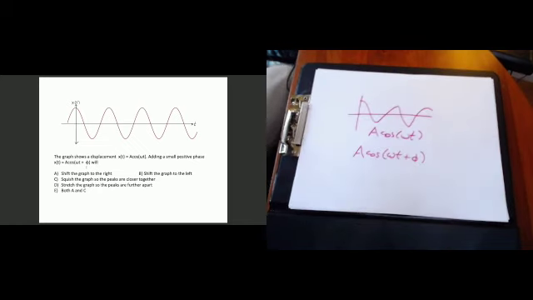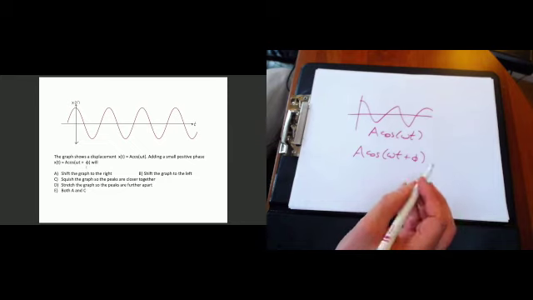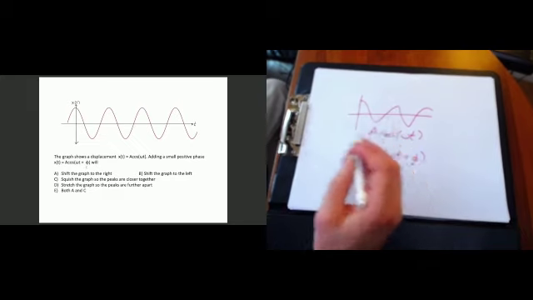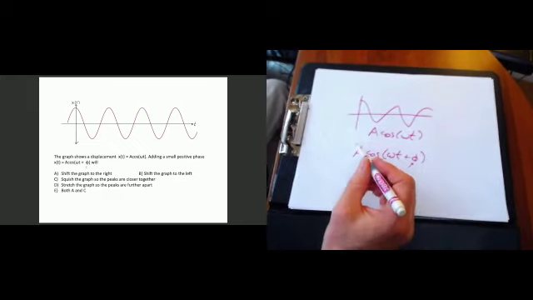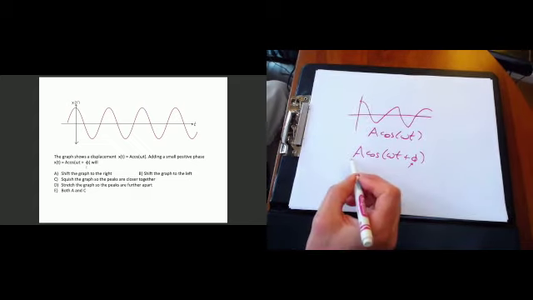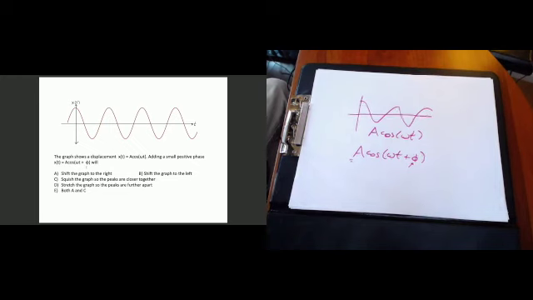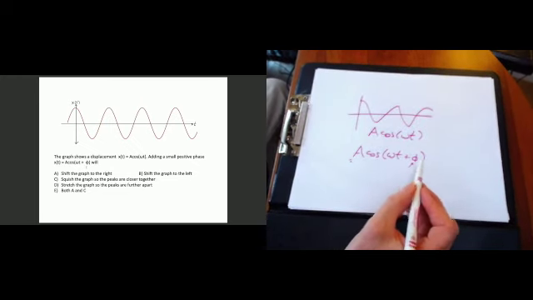And so what we realize is that this is going to shift our function to the left or to the right. It won't affect the height of the function. That's the amplitude A. It's not going to affect the frequency or period. It's basically equivalent.